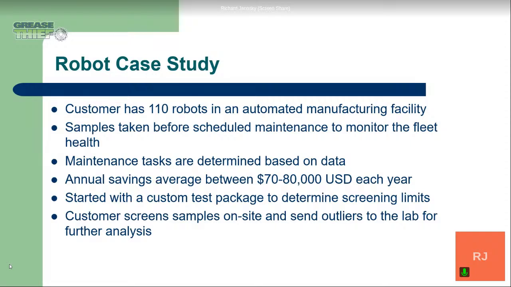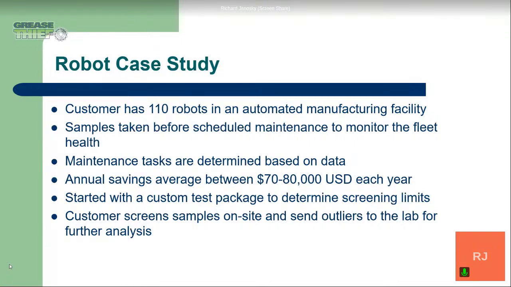So if a screening sample is all green, the robot joint will continue in operation. If it does not meet the threshold limits they have set, then that would trigger them to perform maintenance tasks on that joint to change out the grease and replenish.